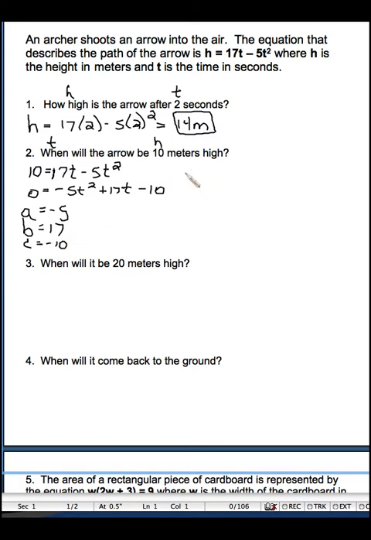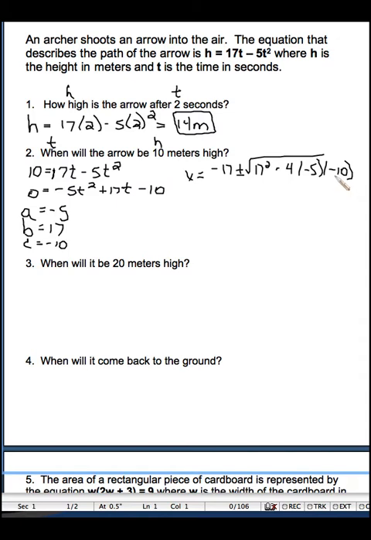So putting it in the quadratic formula, x equals negative 17 plus or minus the square root of b squared, 17 squared, minus 4 times negative 5 times negative 10.